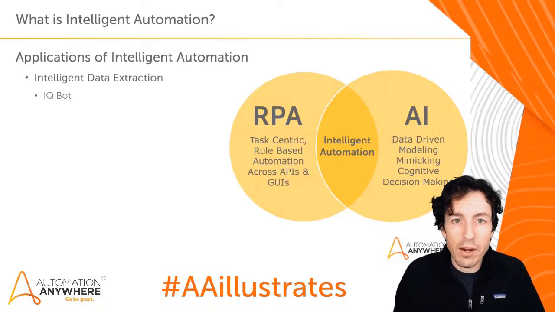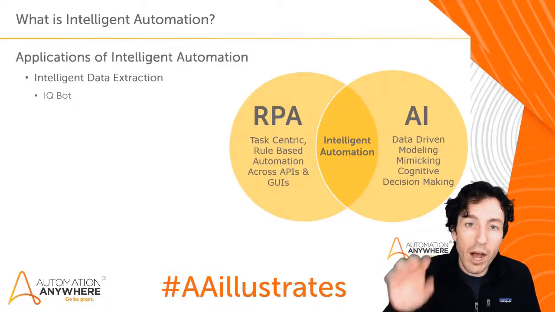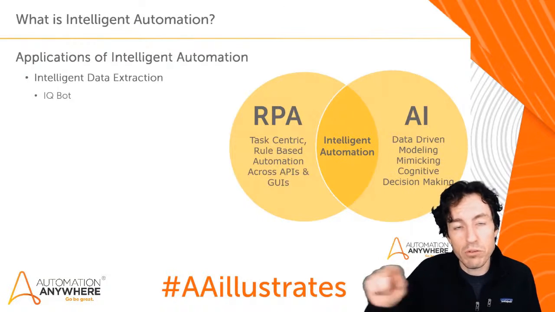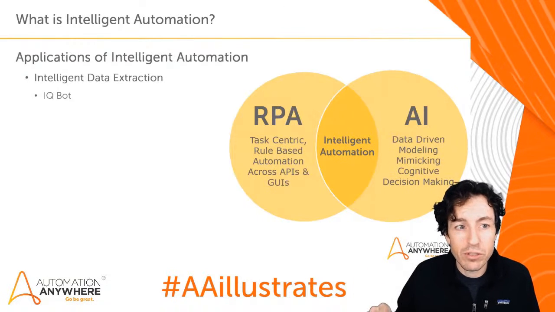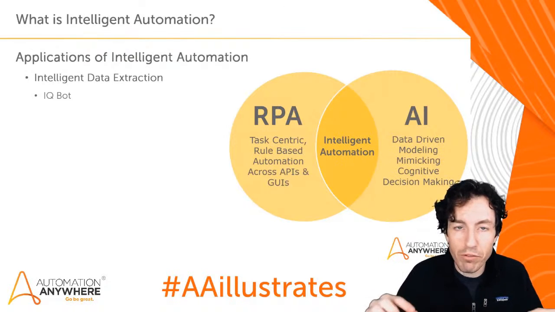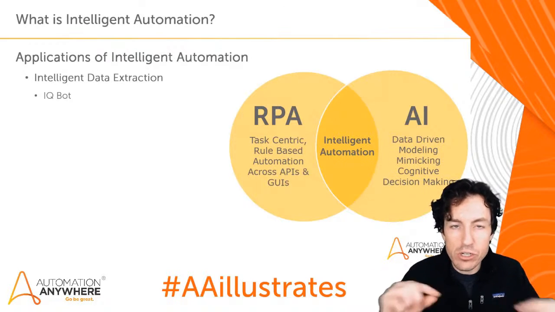Second, when we're talking about an IQbot, we're talking about not only doing an OCR, not only trying to do optical character recognition and read the characters from that form, but we have to be concerned with the relationship between those different characters and those different fields. And not only knowing how to read data from the form, but what data do we need to read? What data relationships exist?